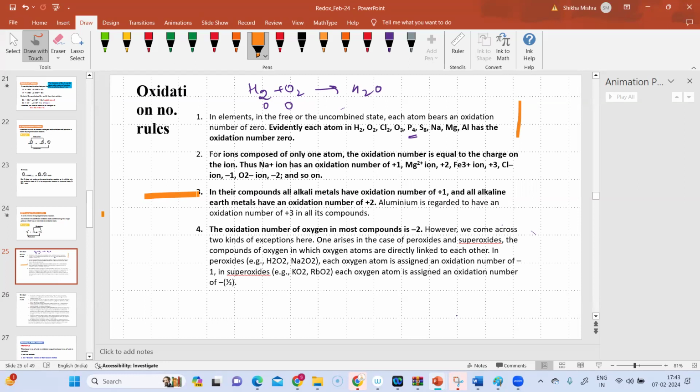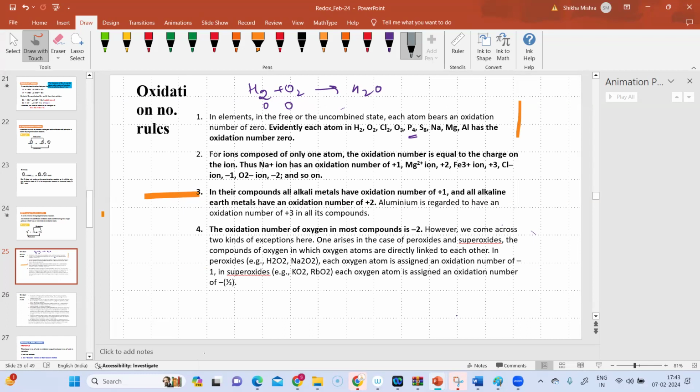Group 13 is boron, aluminium, gallium, indium, thallium, like that. So for group 1 elements, their oxidation state will be +1. Suppose I'm writing NaCl. In NaCl, the oxidation state of sodium will be +1. That of chlorine will be -1, right? So that's how it is going to work for us.